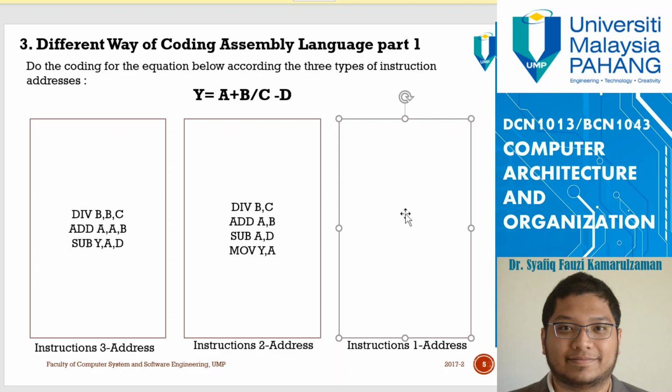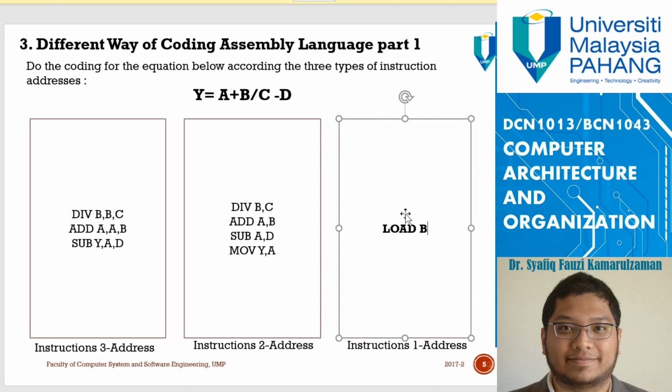Now finally the last one is a little bit tricky. Here we use load, because you have only one register, the accumulator, to do the calculation. So you have to start by inputting data inside the accumulator.